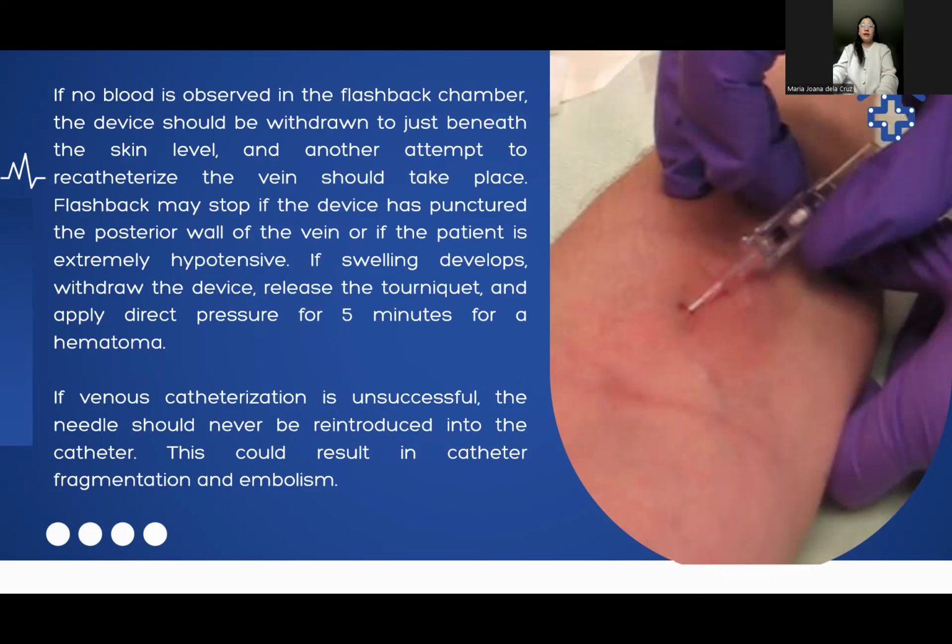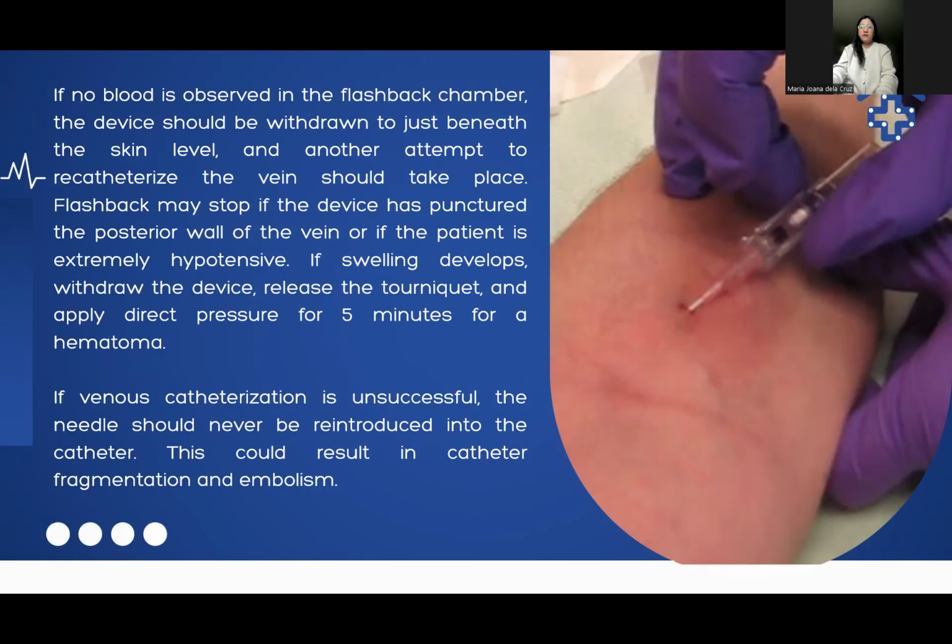So if no blood is observed in the flashback chamber, the device should be withdrawn to just beneath the skin, and another attempt at recatheterization of the vein should take place. Flashback may stop if the device has punctured the posterior wall of the vein, or if the patient is extremely hypotensive.